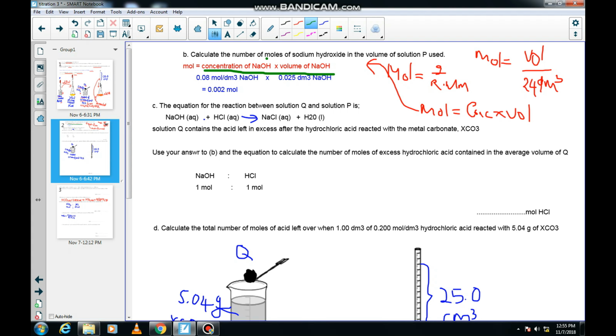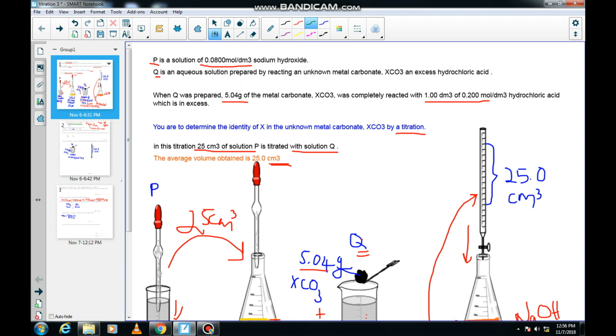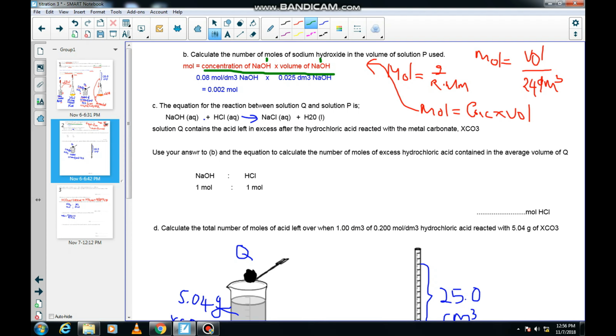I've written here concentration of sodium hydroxide and volume of sodium hydroxide because you are given also the volume and the concentration of the hydrochloric acid. And I want you to note that since the question says we are to find moles of sodium hydroxide, the concentration and the volume should be of sodium hydroxide.